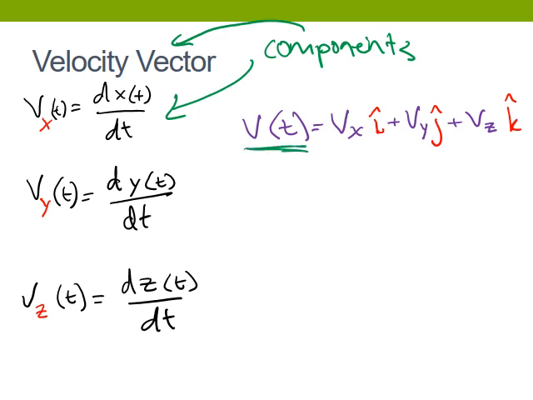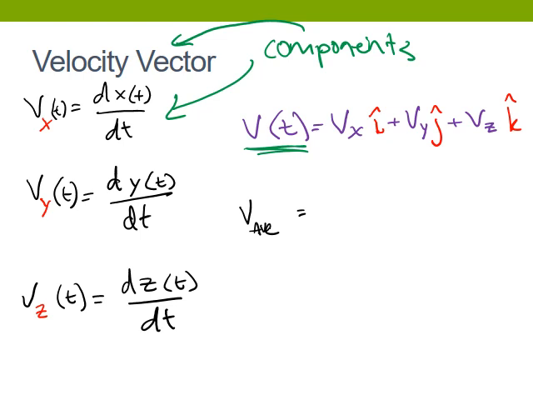This would give me my velocity at any instant in time. If instead of an instantaneous velocity, I want to find an average velocity, well, I already know how to do that too, right? My average velocity before was just the displacement divided by my change in time.